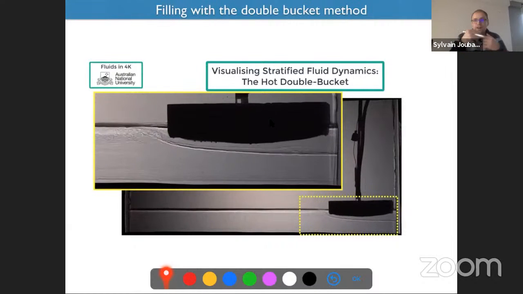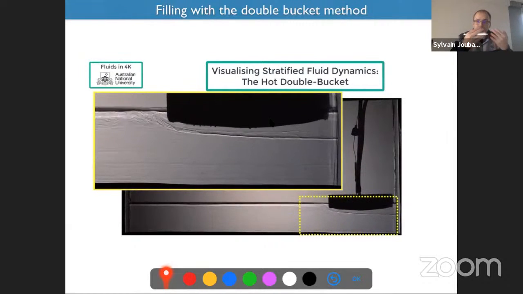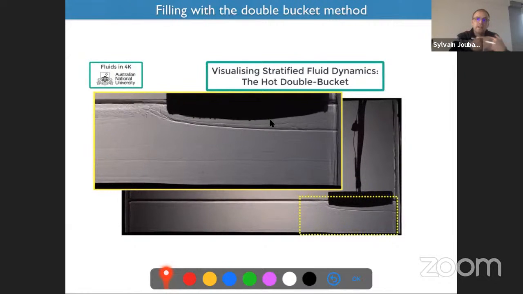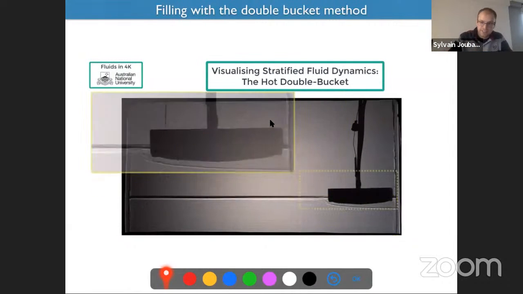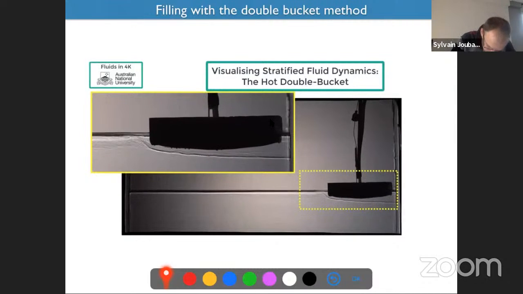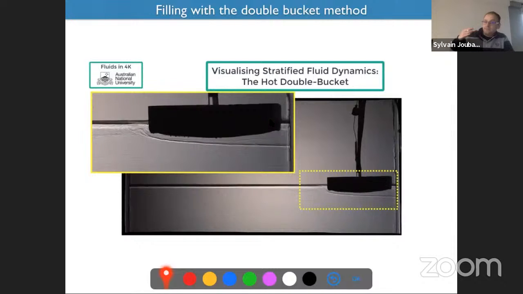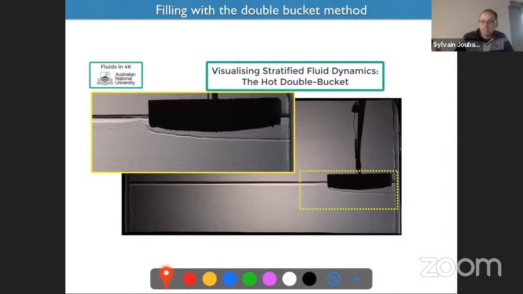This is because you have some mixing between the fluid that is already present in the tank and the fluid that you are injecting from the flotation device. And you have this mixing that is inside the tank.